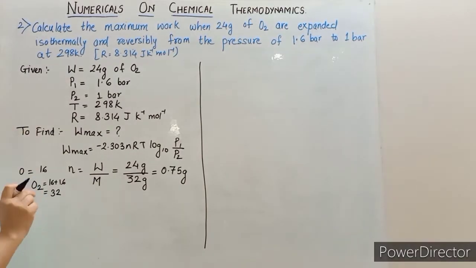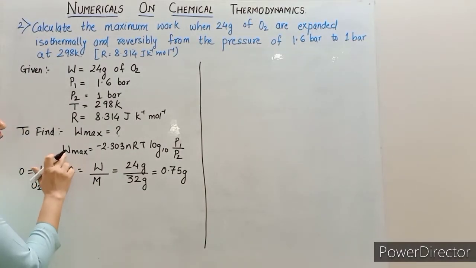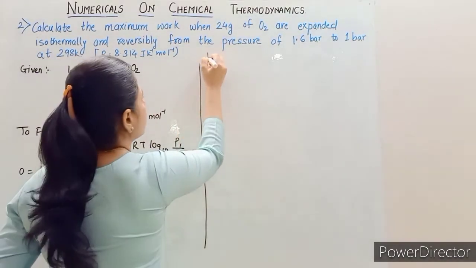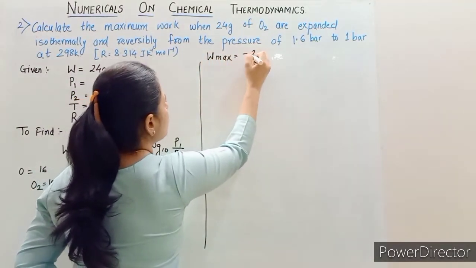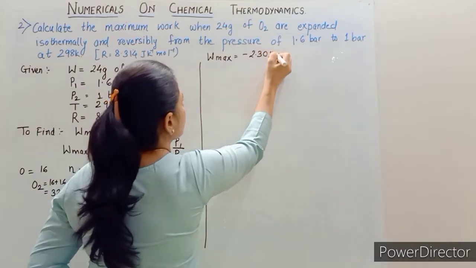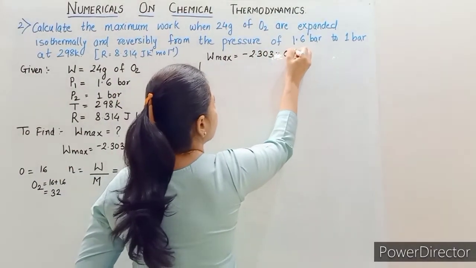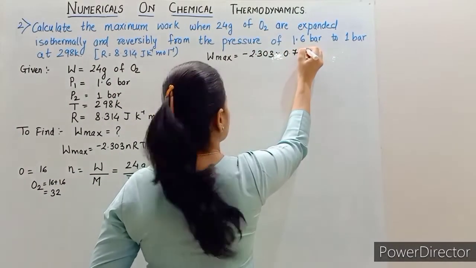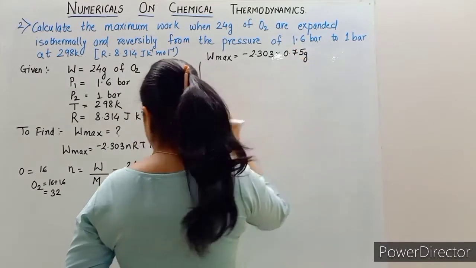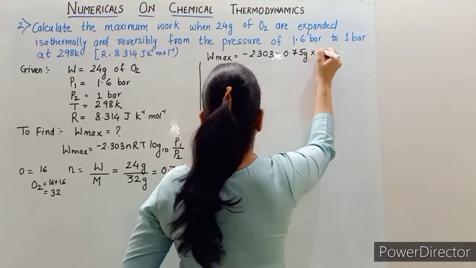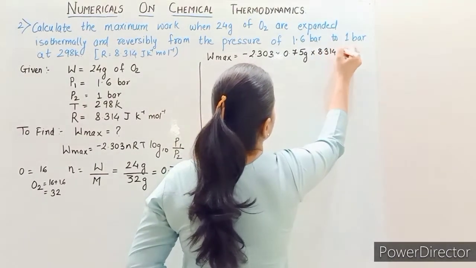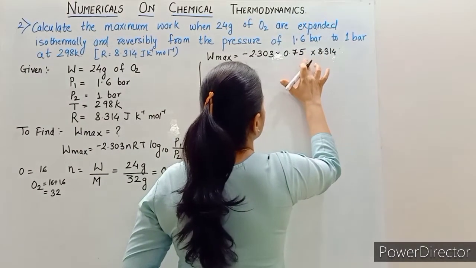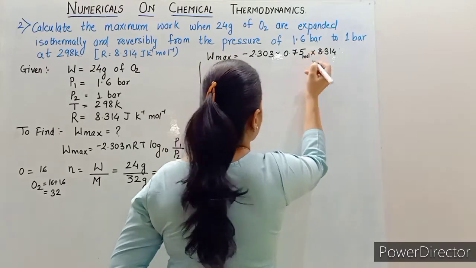Okay, so let us find it out. Now let us put all the things in W max. W max will be equals to minus 2.303 into n is 0.75, okay, into R. R is 8.314. No, sorry, this will be in moles. These are the number of moles, okay.